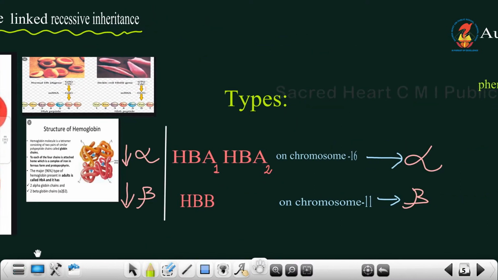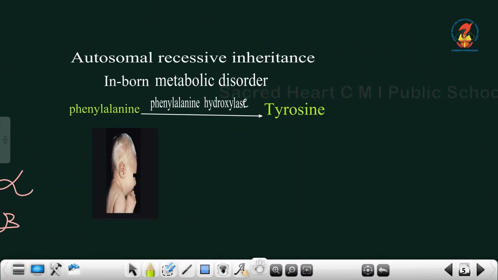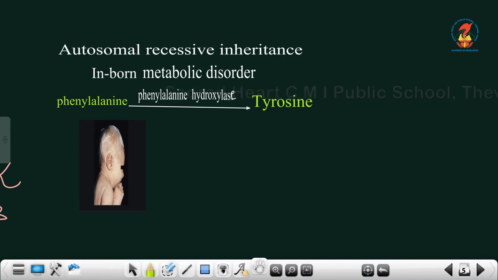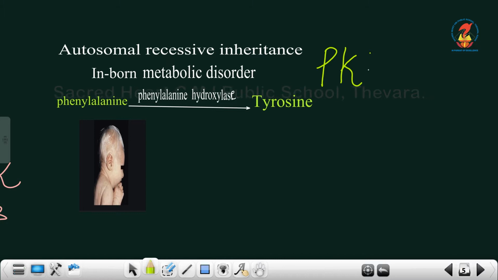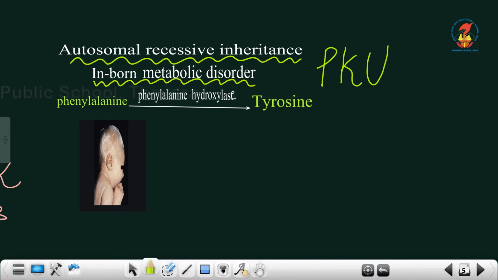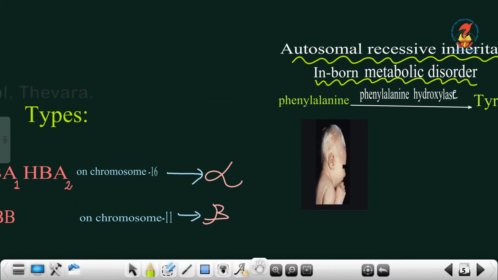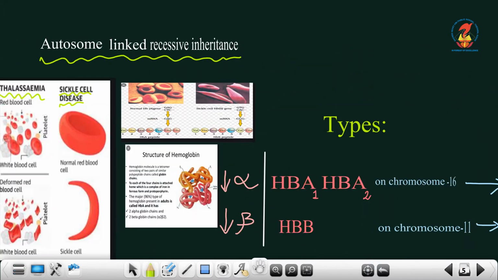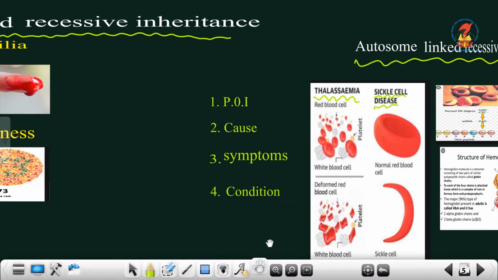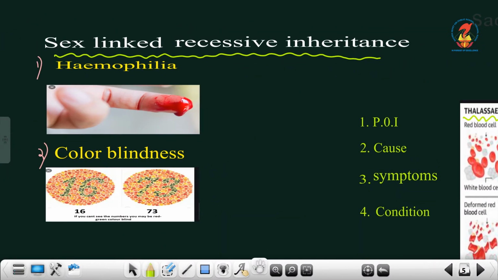And lastly, we have phenylketonuria, which is an inborn metabolic disorder that is also autosomal recessive linked inheritance. So, these are the 5 disorders coming under the Mendelian pattern. So, let us get started.